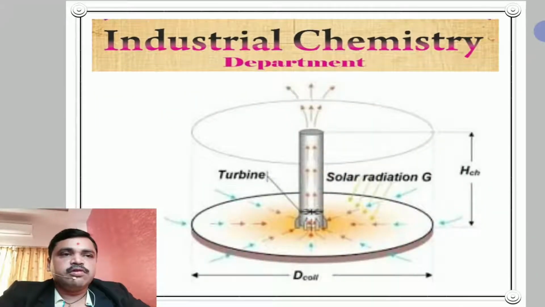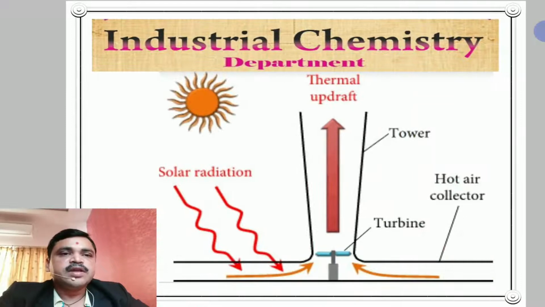This is also a figure of a solar chimney power plant. This also shows a schematic diagram for solar radiation and how air is heated in a solar chimney power plant.